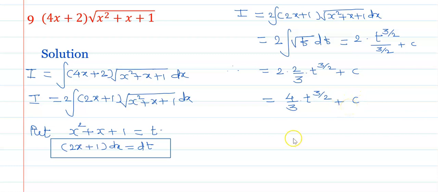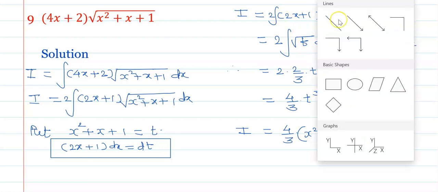Now substitute the value of t, that is x square plus x plus 1. Therefore, I is equal to 4 upon 3 into (x square plus x plus 1) raised to 3 by 2 plus c. Okay, and this is the answer.